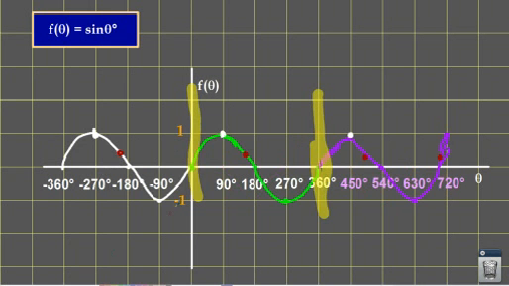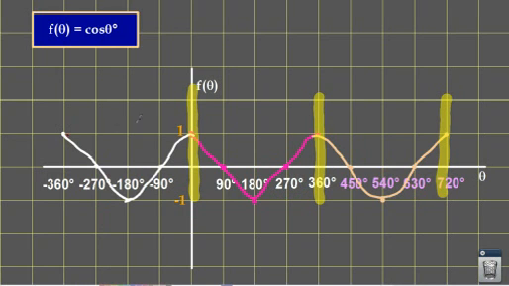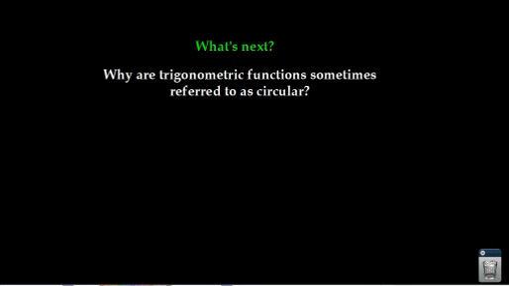What was the maximum value for sine? 1. Okay. What was the minimum value for sine? -1. The maximum value for cosine was 1. And the minimum value for cosine is -1. Make sure you write that in your notes because it is going to lead us into what we're doing next, which is looking at these as circular functions.